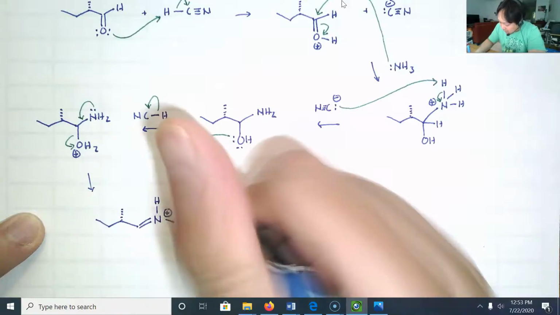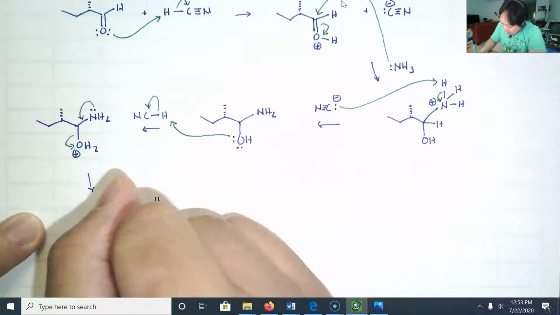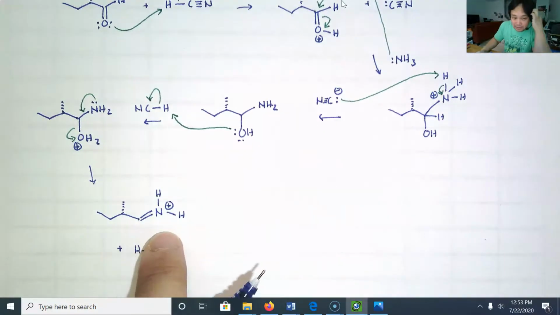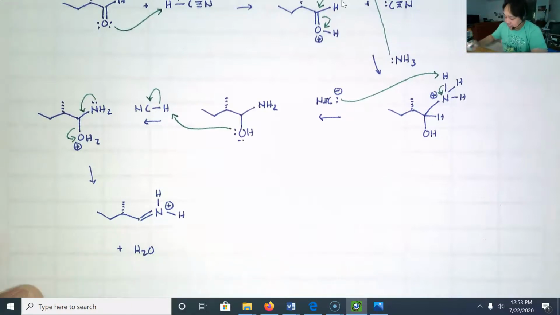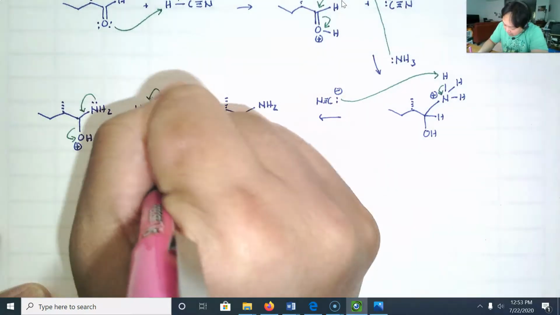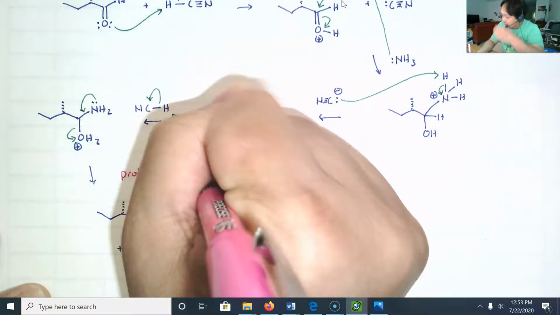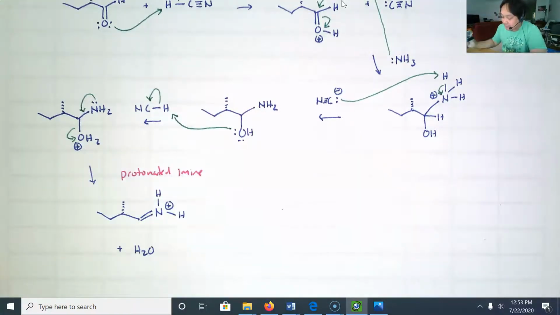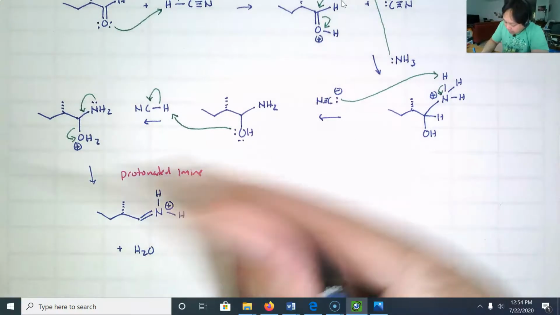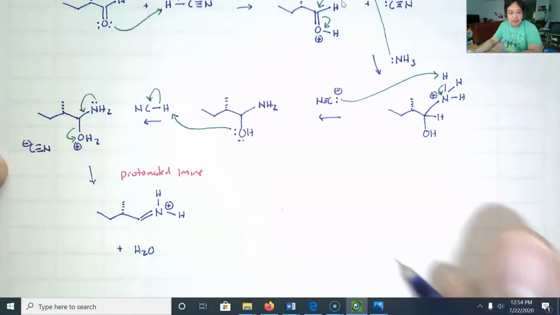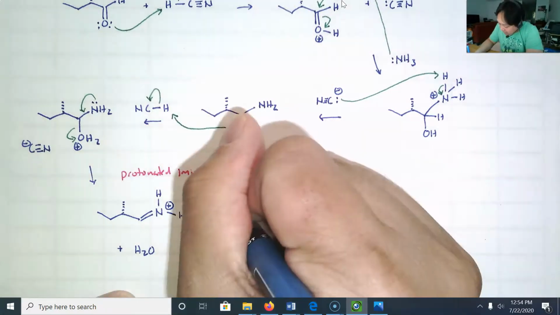Normally, after we kicked out water, you would neutralize this and have just a neutral imine. Right. So right now we have the protonated amine. Okay. Next, we created a cyanide ion in this step up here. We're going to use that next.